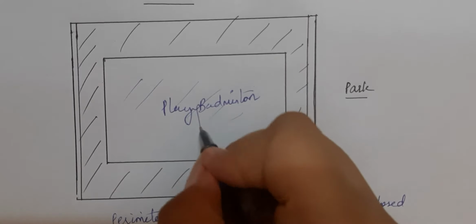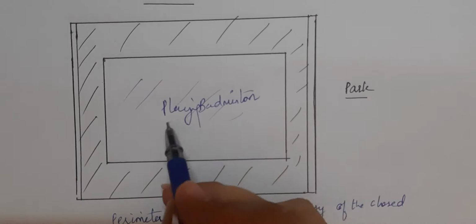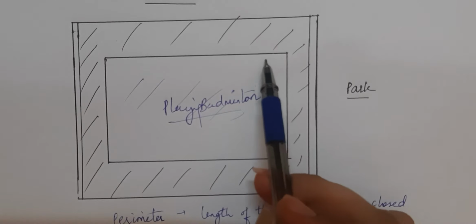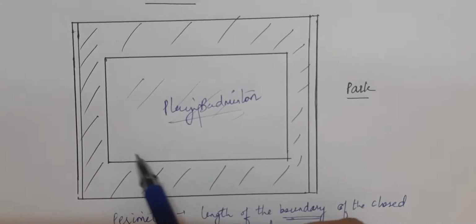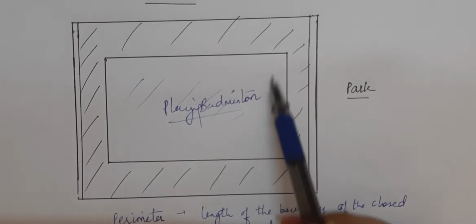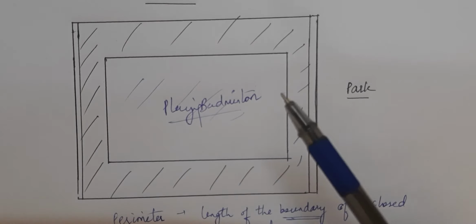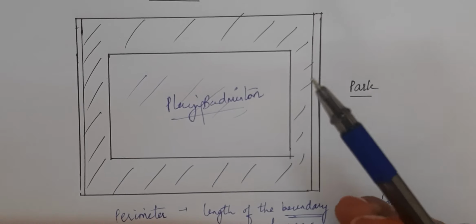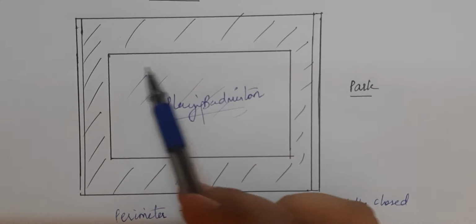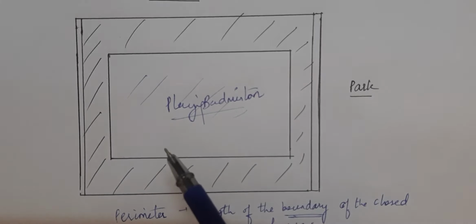Okay. So now if I am playing badminton, I am running and covering this whole portion of the park. Or my friends are also running, I am playing some other game and I am running, and I am covering this portion of the park. So what am I doing?